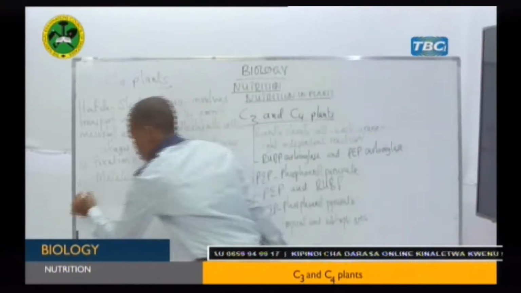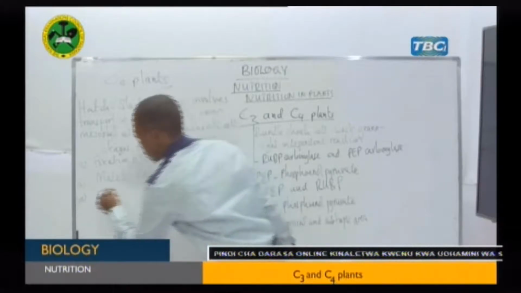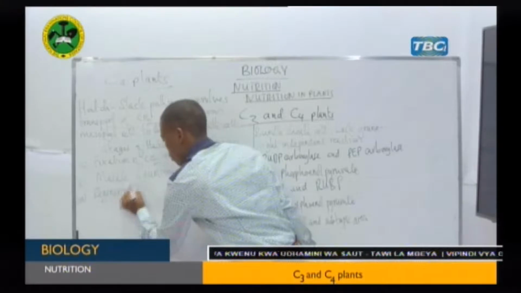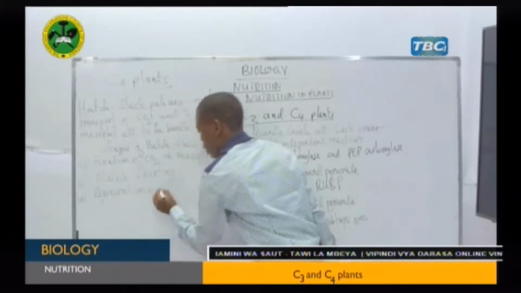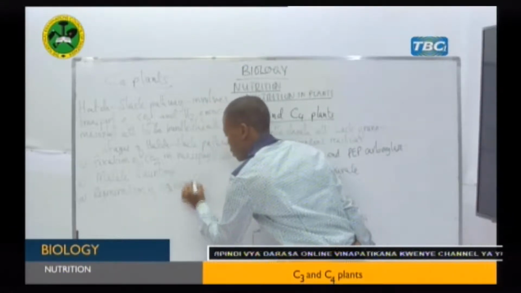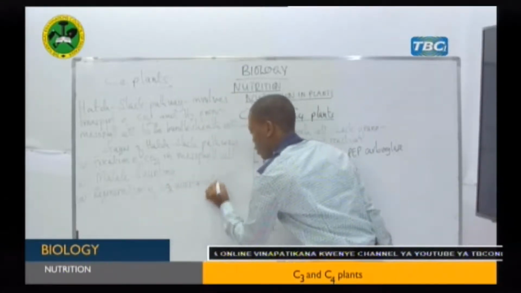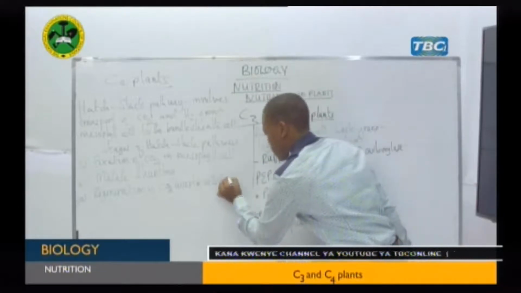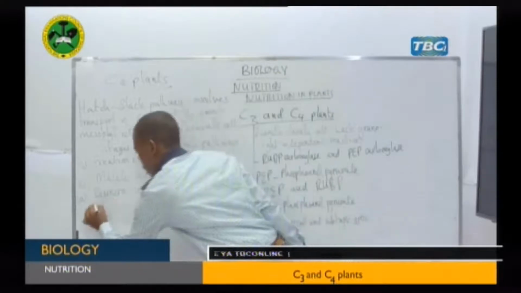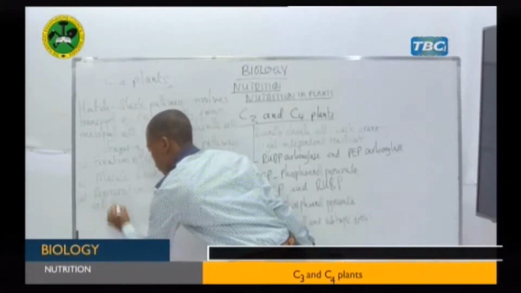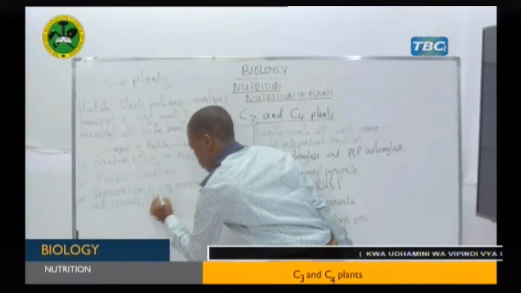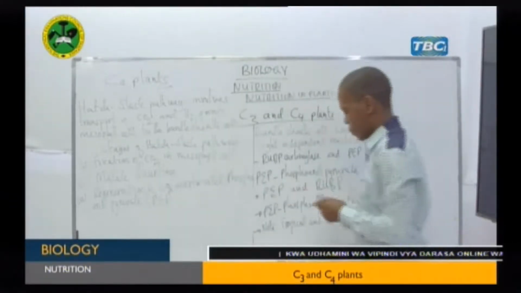The third stage is regeneration of the carbon dioxide acceptor, called phosphoenol pyruvate, PEP.